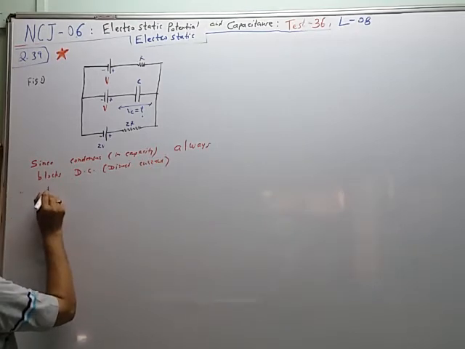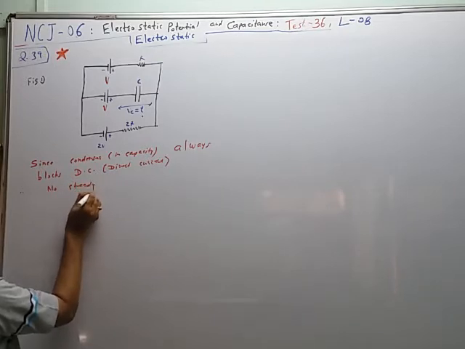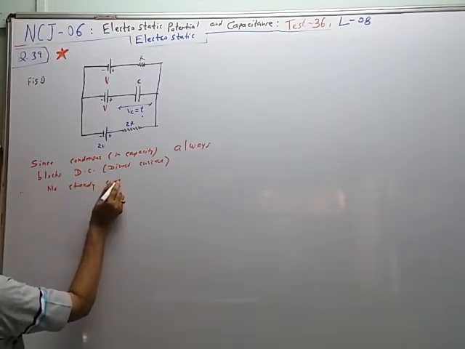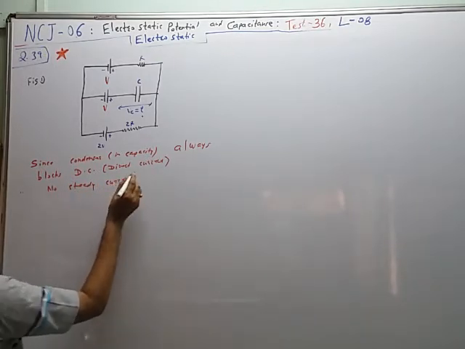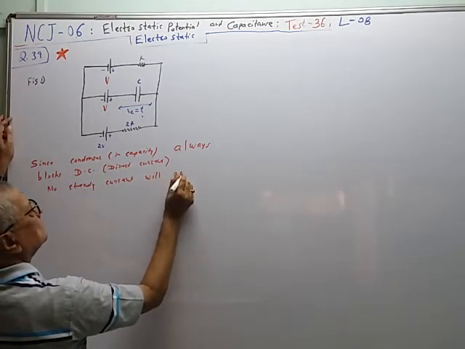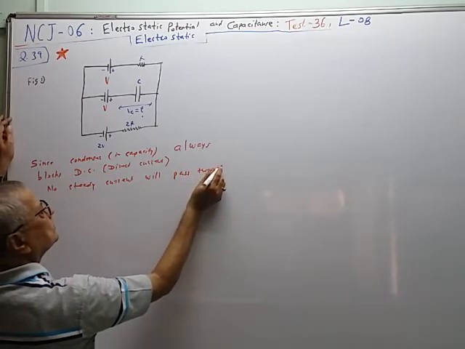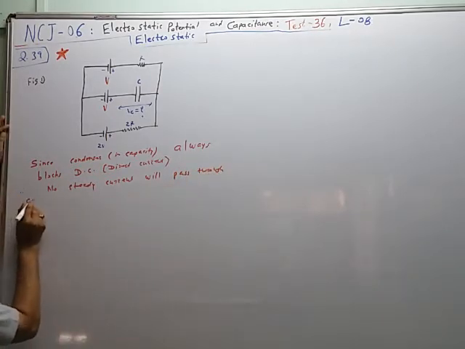Therefore, no steady current will pass through condenser C.